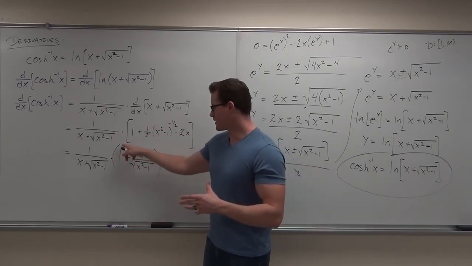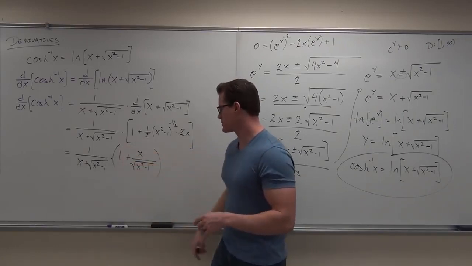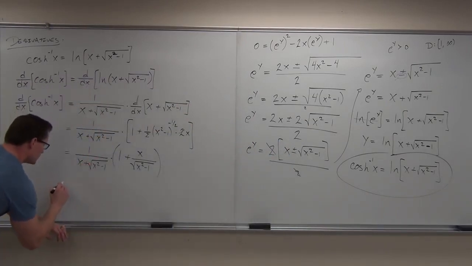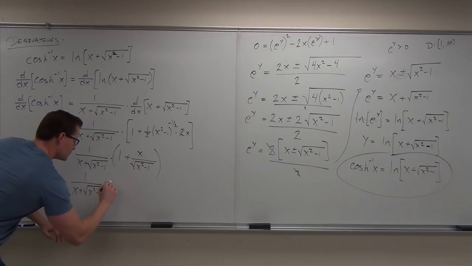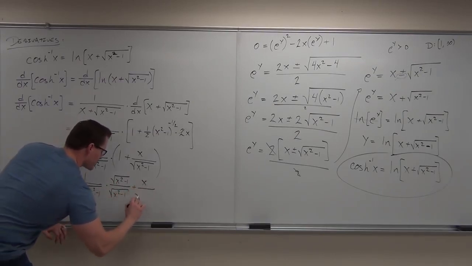We're going to have square root of x squared minus 1 over square root of x squared minus 1, plus x over square root of x squared minus 1.